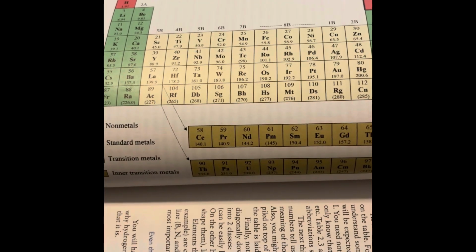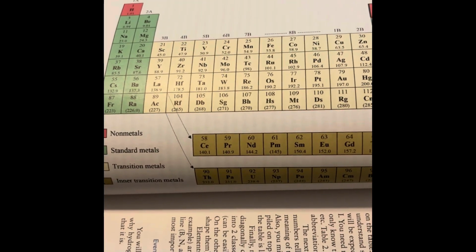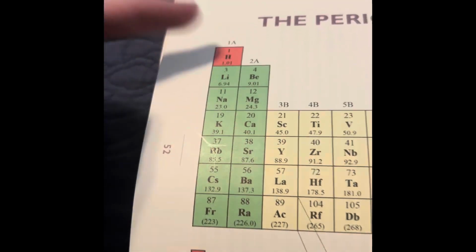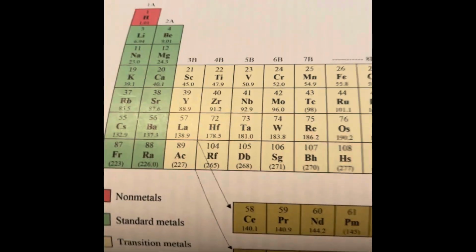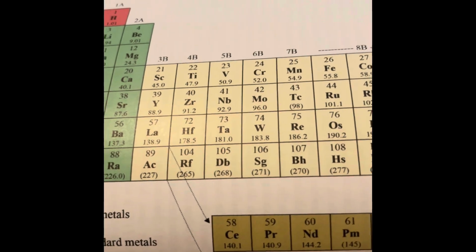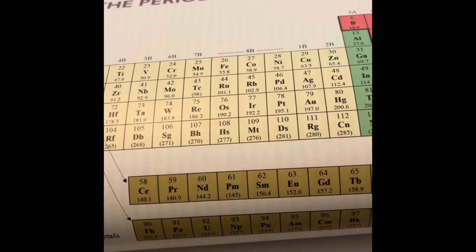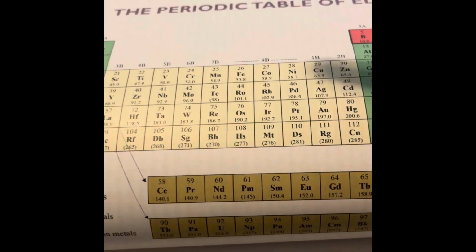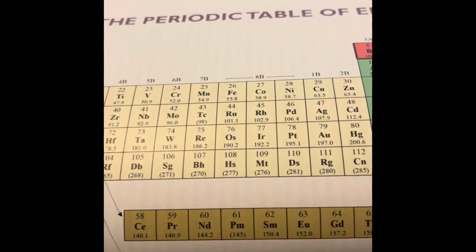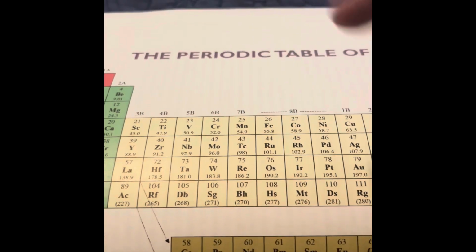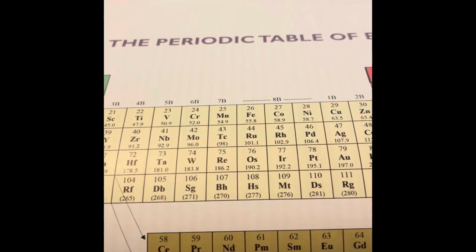They also, both ionization energy and electronegativity, increase from bottom to top on the periodic table. Now, the atomic radius is backwards. The atomic radius increases from right to left on the periodic table, and the atomic radius increases from top to bottom on the periodic table.